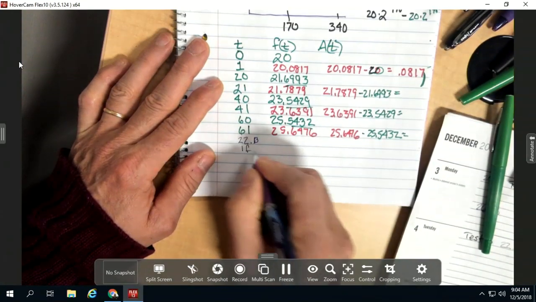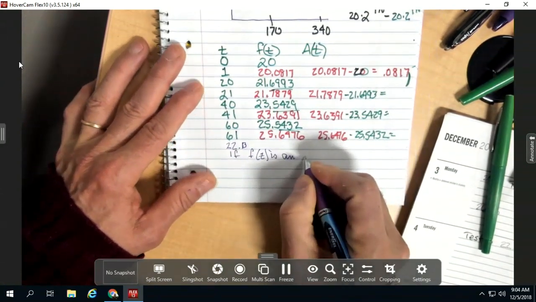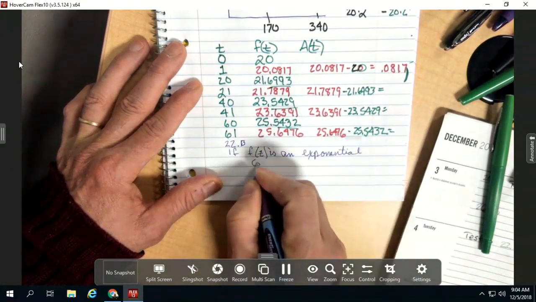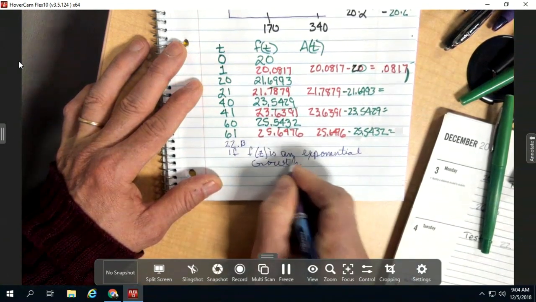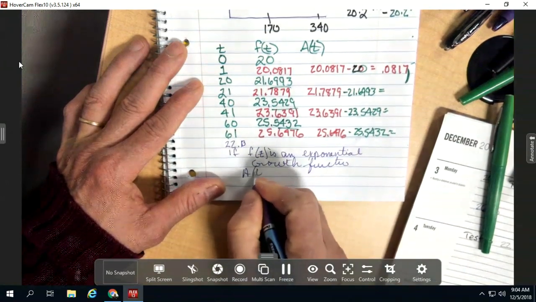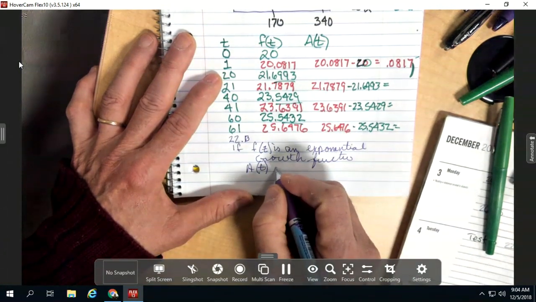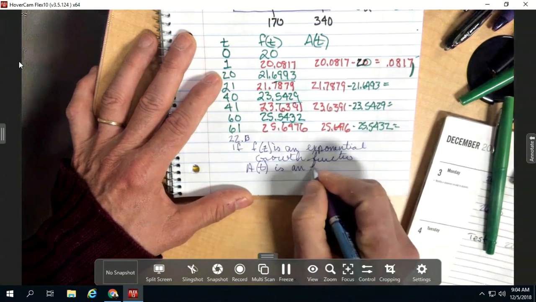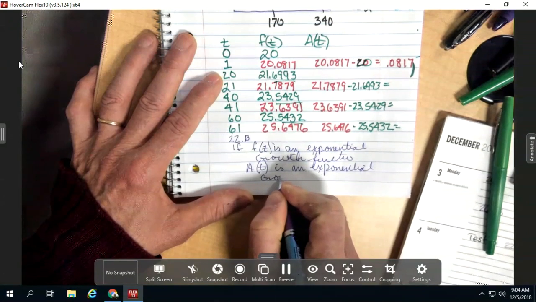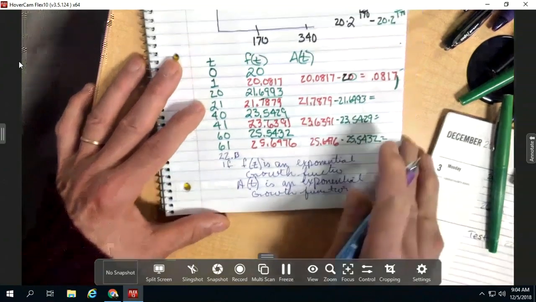If f of t is an exponential growth function, a of t, remember a of t is the average rate of change function, is an exponential growth function. Okay?